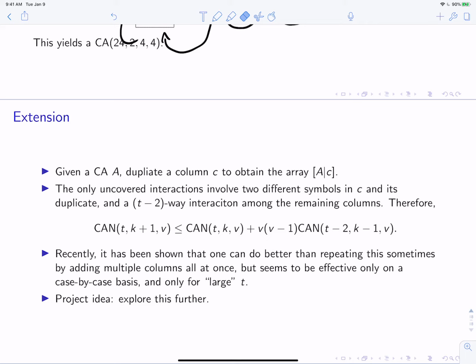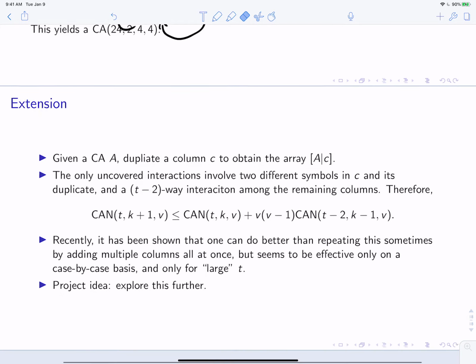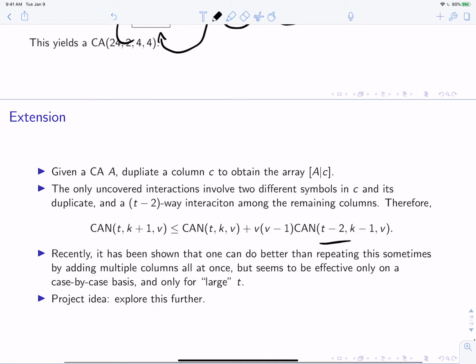But if you have an interaction with both of them, then you need to cover those interactions. So the 2 columns here, the one and its duplicate, and t minus 2 other ones, you need to work with a covering array of strength t minus 2, and that's why that appears. I won't go into the details of that.